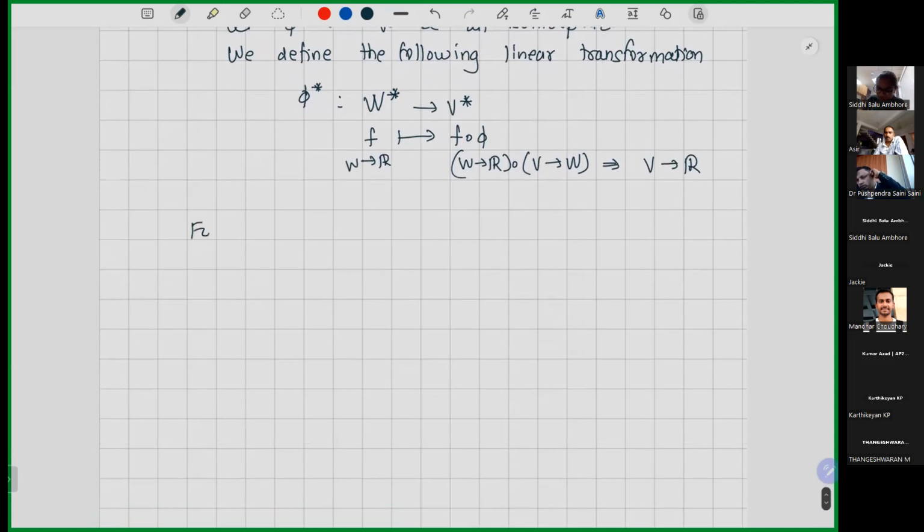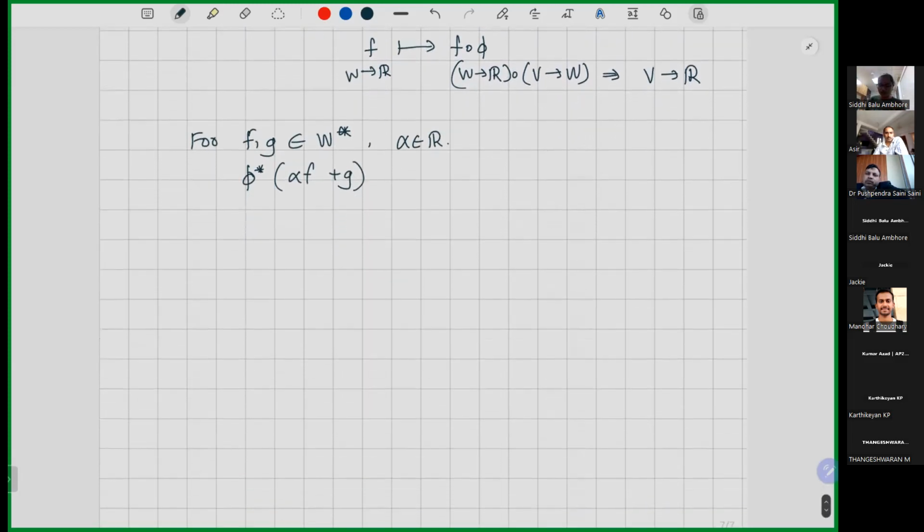So let us quickly check that for F, G in W star, and let alpha in R, we can take phi star of alpha F plus G. I need to check that it is a linear functional, right?